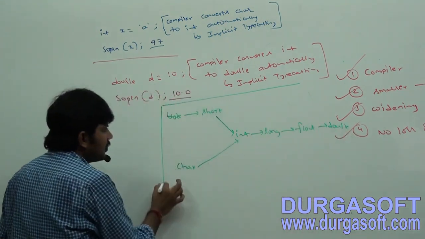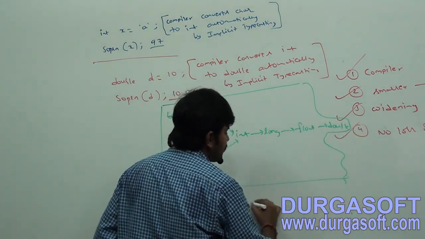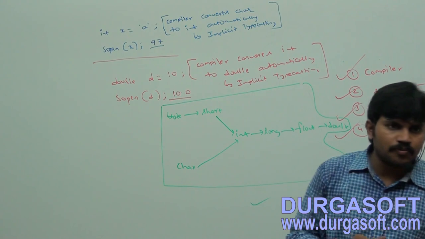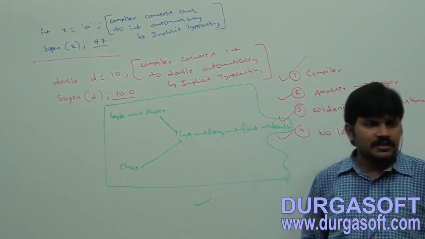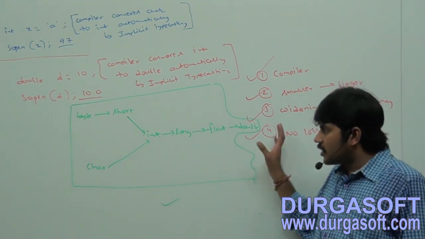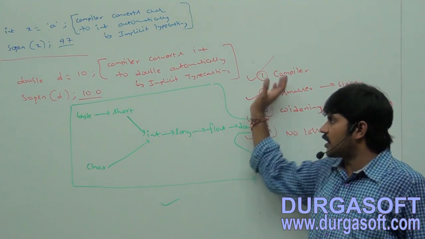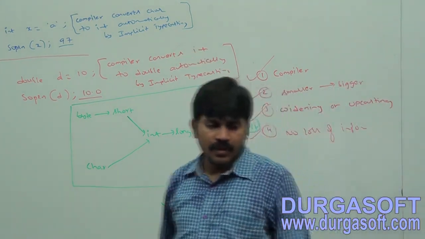These are the various possible conversions where implicit typecasting will be performed by default. Now that analogy is clear.